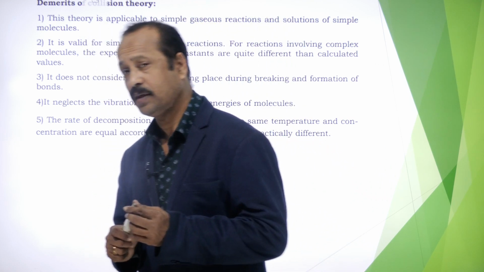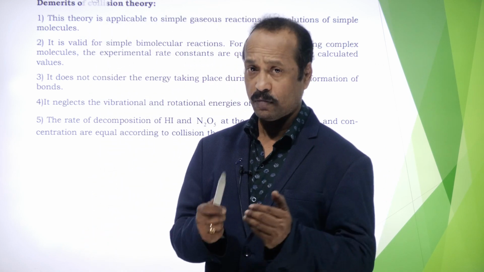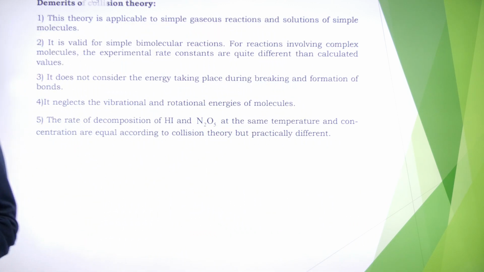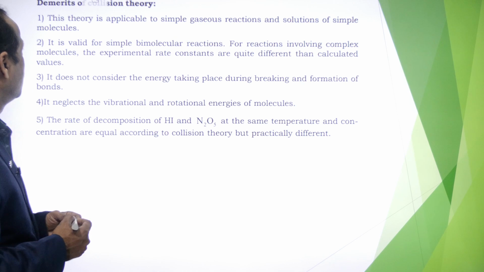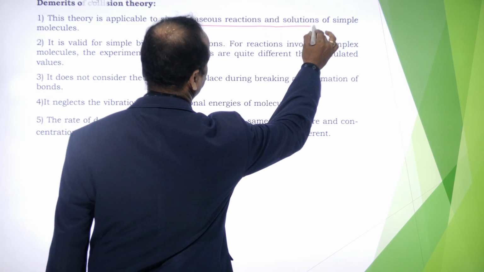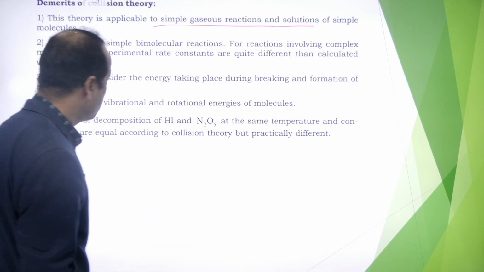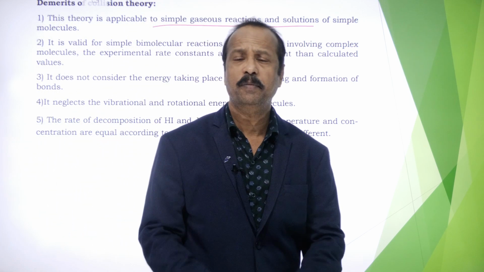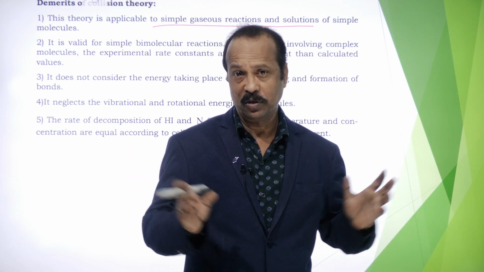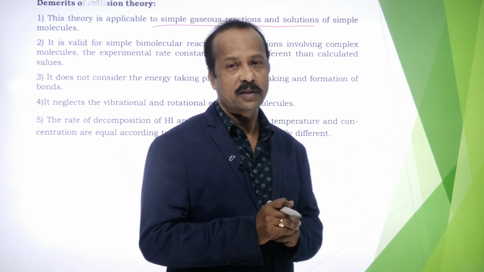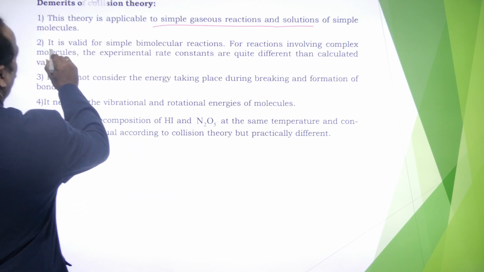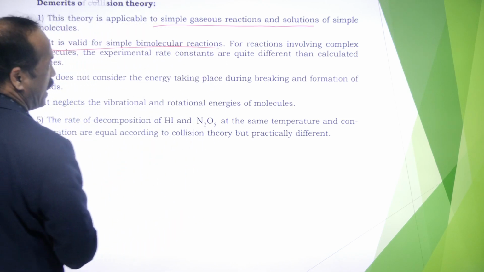So now, in the theory, what are the drawbacks? There are not many drawbacks, students. Here we can see only a few. One is the theory is applicable for simple gaseous reactions and solutions of simple molecules, not for complex molecules. It is valid only for bimolecular reactions.